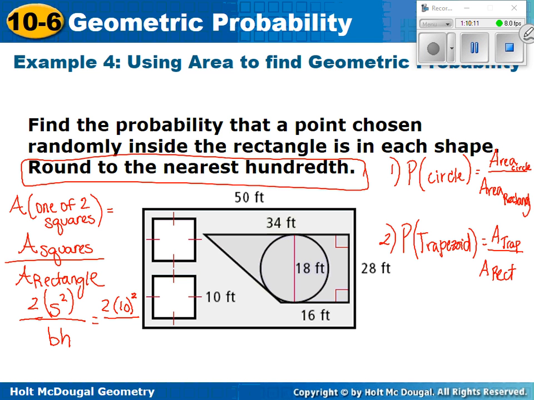What's the base of the rectangle? 50. What's the height of the rectangle? 28. So we're going to do 50 times 28 on the bottom, and we're going to do 2 times 10 squared on the top. Let's simplify that a little bit. What is 10 squared? 100. What's 100 times 2?